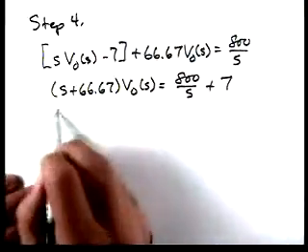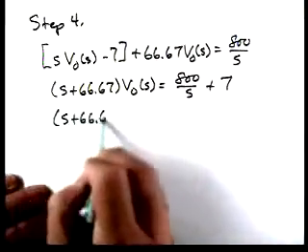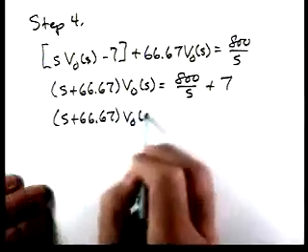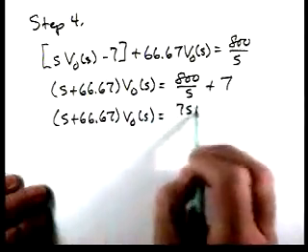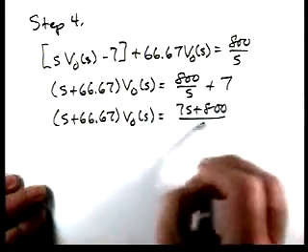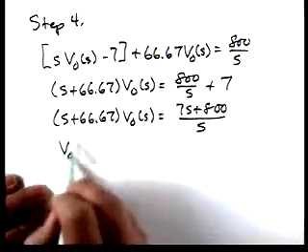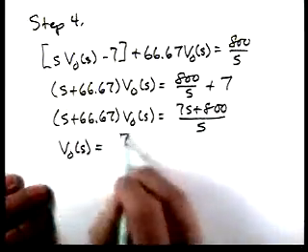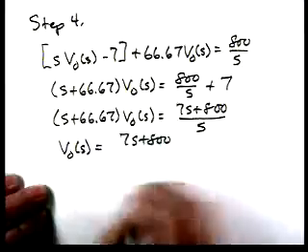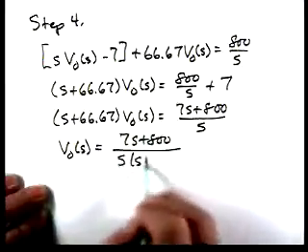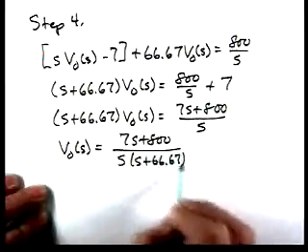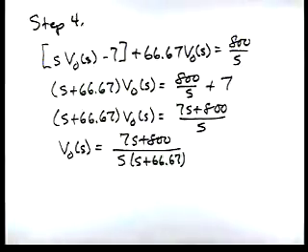And let's see, we can write this as s plus 66.67 times V0 of s equals 7s plus 800 over s. So then V0 of s is 7s plus 800 over s times s plus 66.67. So that completes step 4.